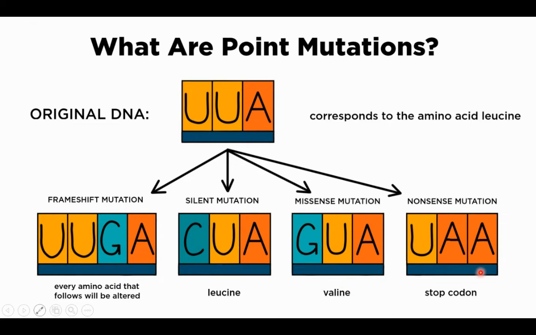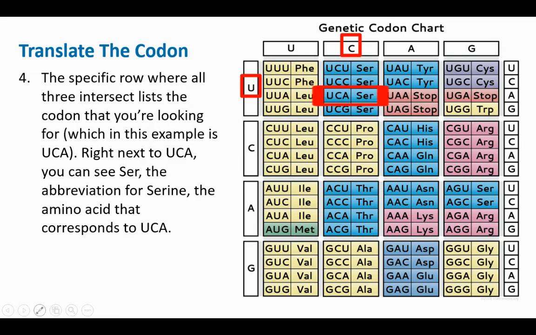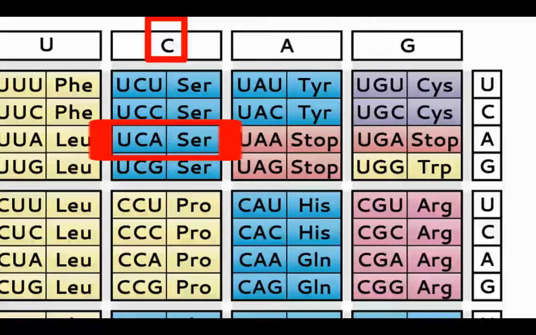Then the other one is the nonsense mutation. Pag sinabi mong nonsense, nagbago ulit siya, pinalitan yung second, o pwede siyang first and second, pero kasi yung UAA guys is actually what we call the stop codon. If you recall the table here, you have three base pairs for stop: UAA, UAG, and UGA.